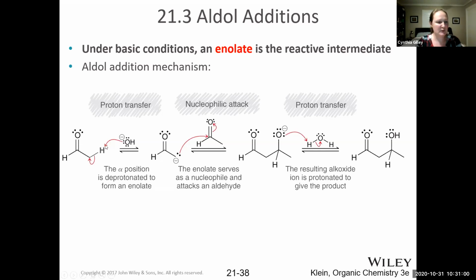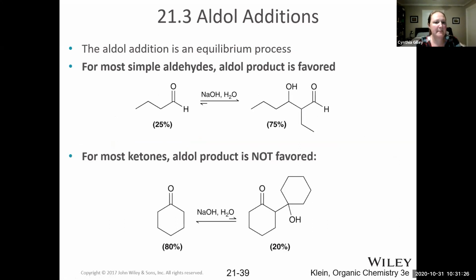And just note that 2 of these aldehydes are required to form one aldol product. So with most organic reactions, the substrate is 1-to-1 with comparing the substrate and the product, right, in terms of mole ratio. But in this case, it is a 2-to-1 reaction, which is fairly uncommon in organic reactions.